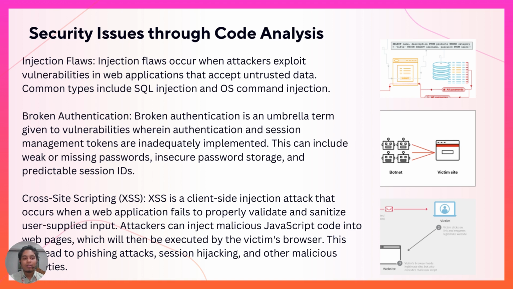There are SQL injection, then command injection, and then broken authorization. Broken authorization is an umbrella term given to vulnerabilities wherein an unauthorized attacker may break the authentication and get into the code.